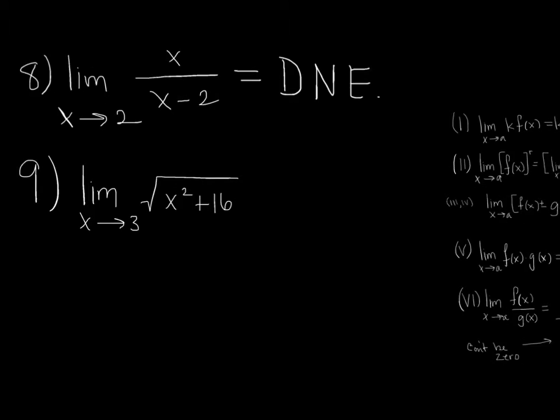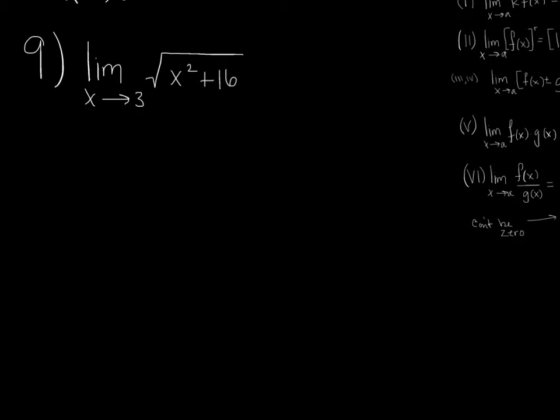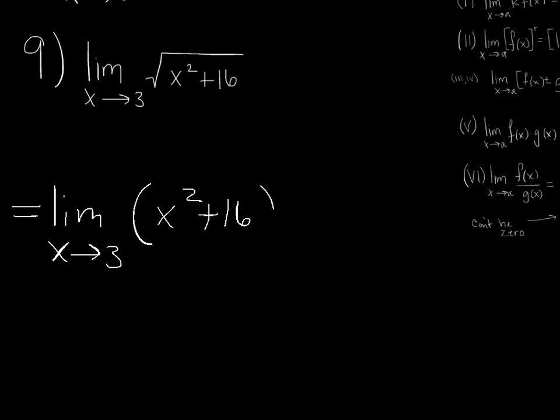In order to best apply this to our problem, it's nice to recognize that what we're looking at is the limit as x approaches 3 of x squared plus 16, to the 1/2 power. Now we have to be careful because if the inside here is a negative number, we can't raise it to the 1/2 power. So as we go through the next few steps, we have to keep that in mind.